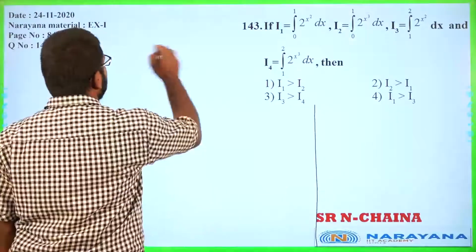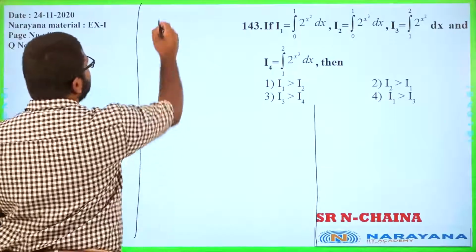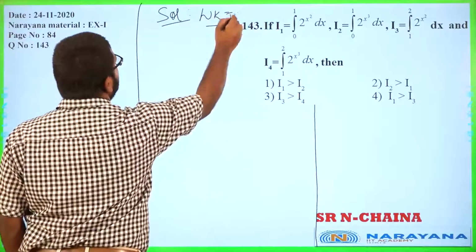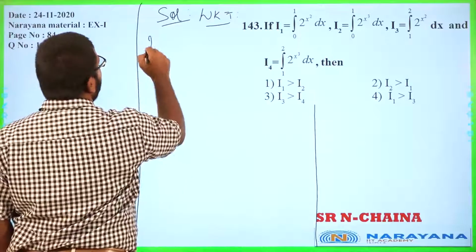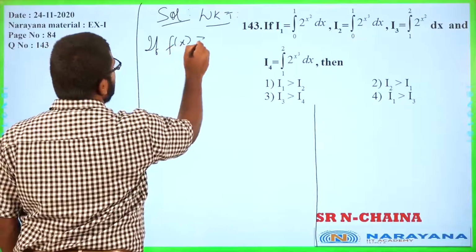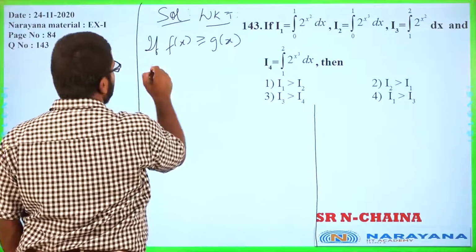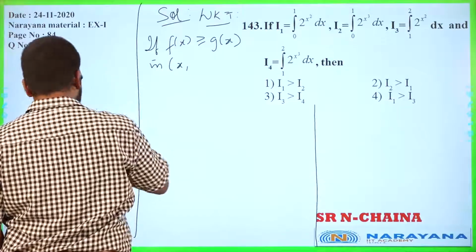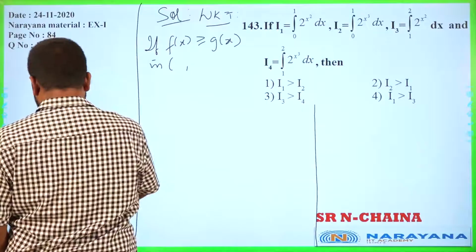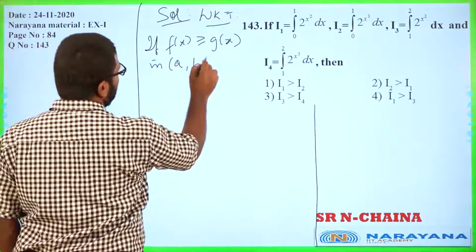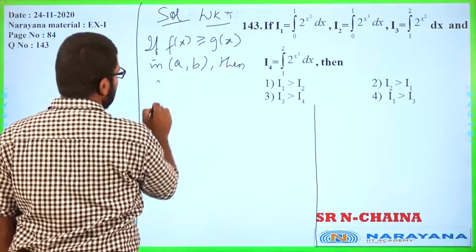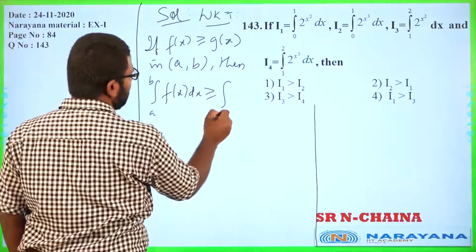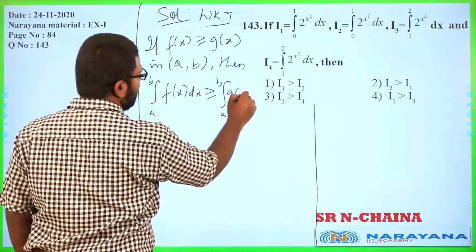Whenever you find questions like this, start with the fact that we know that if f(x) is greater than or equal to g(x) in any interval a comma b, then the integral from a to b of f(x) dx is greater than or equal to the integral from a to b of g(x) dx, correct?